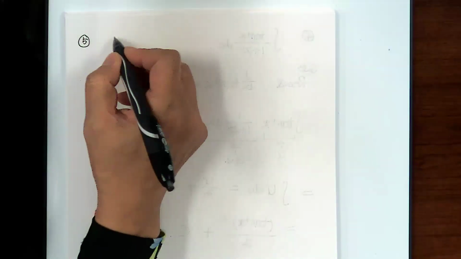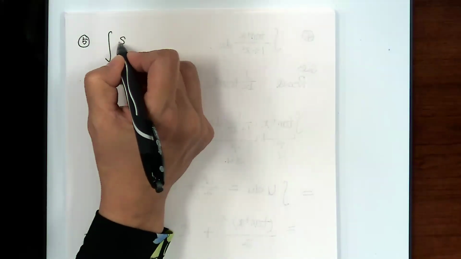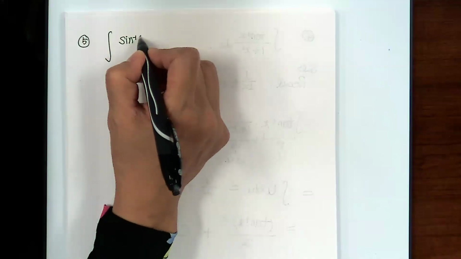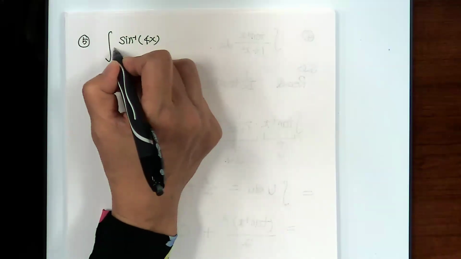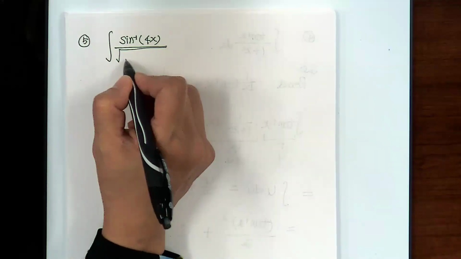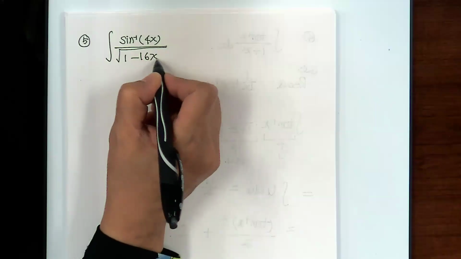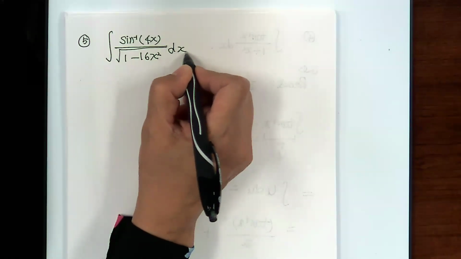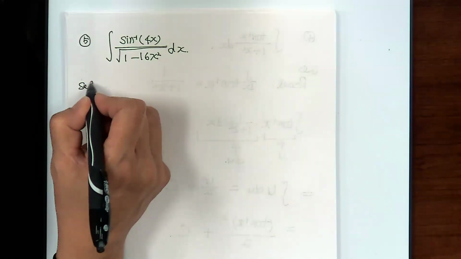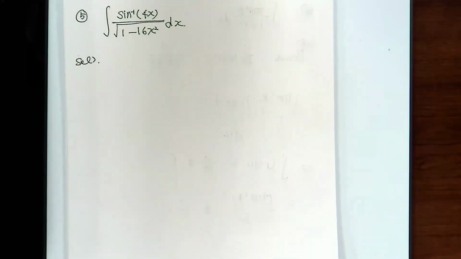The next problem is integration of sine inverse of 4x over the square root of 1 minus 16x squared dx. We will do something similar.